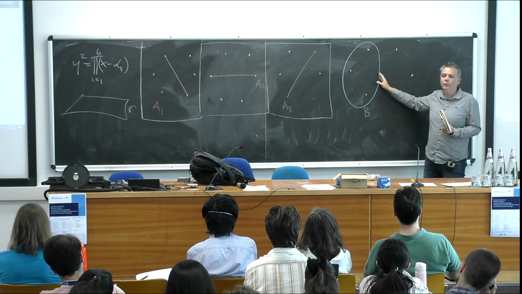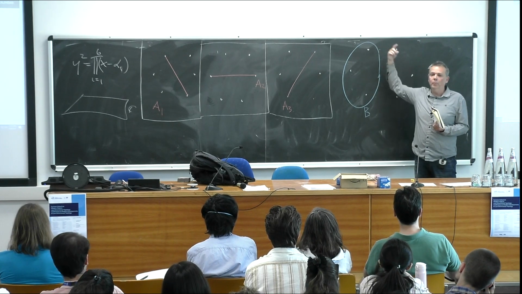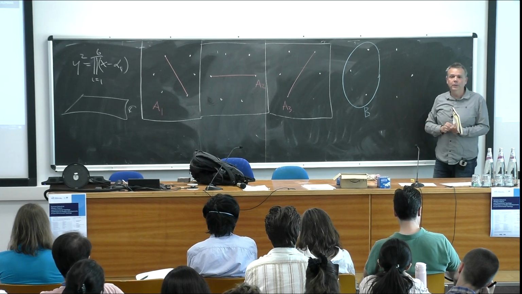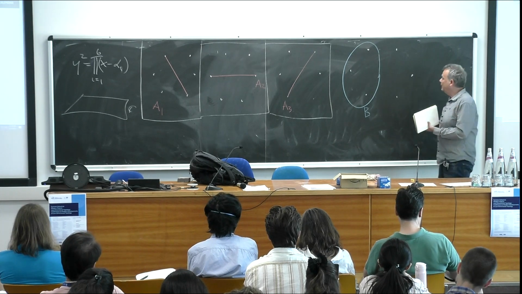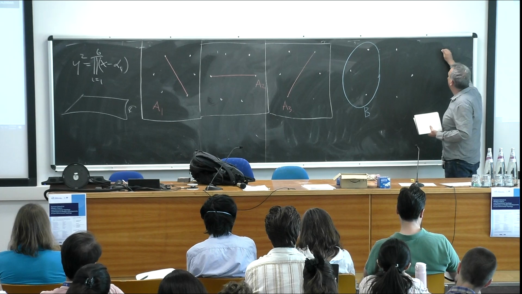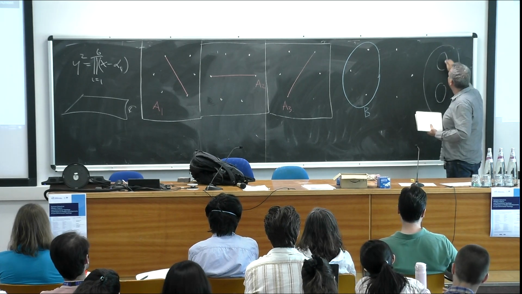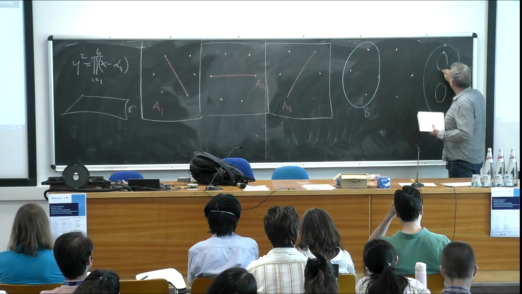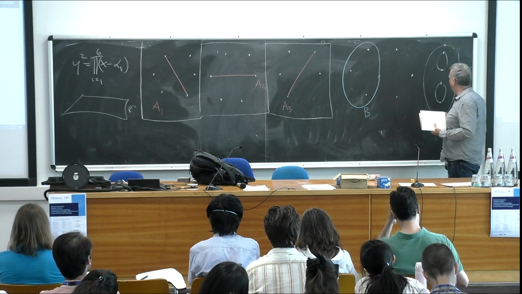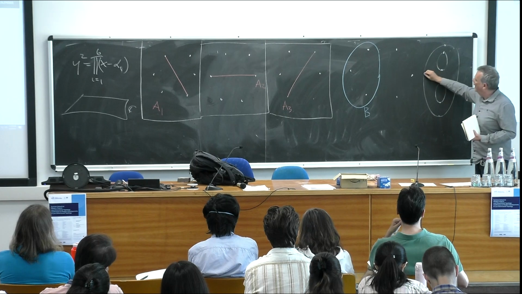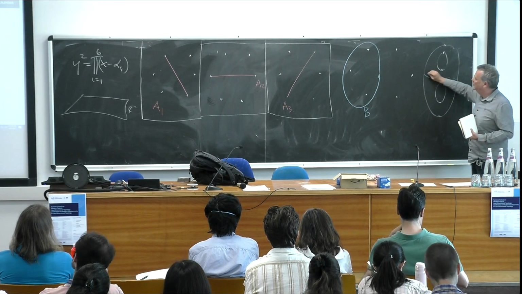So for this one circle, there's a connected circle up in the genus 2 surface. And so this is B.